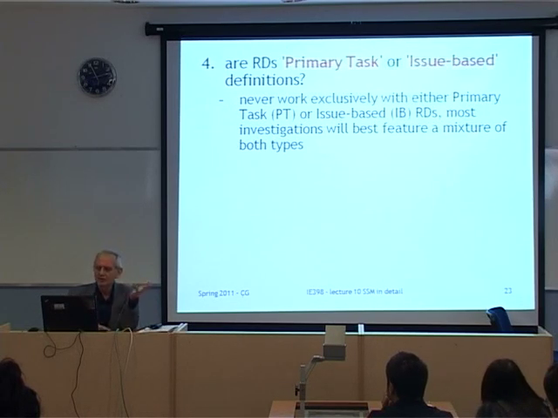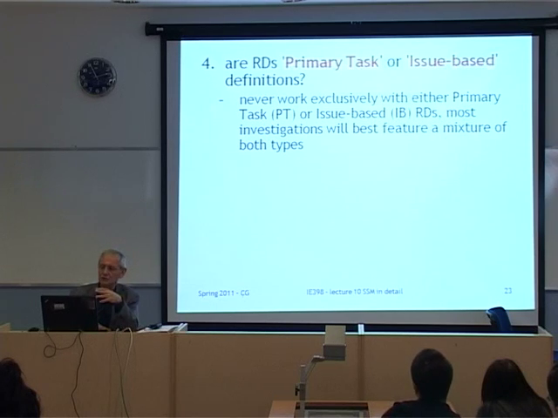So very roughly, you can distinguish between root definitions as primary or issue-based by trying to see whether they involve physical activities or mental activities, very roughly, okay? But it doesn't mean that all root definitions are divided like this definitely.